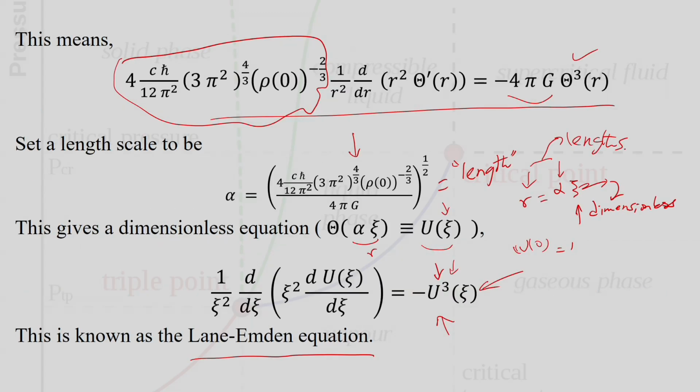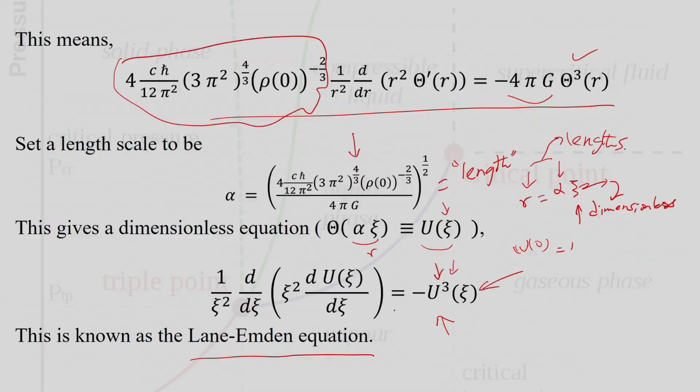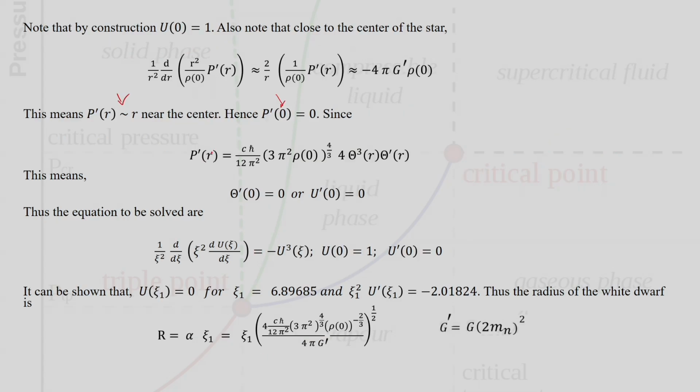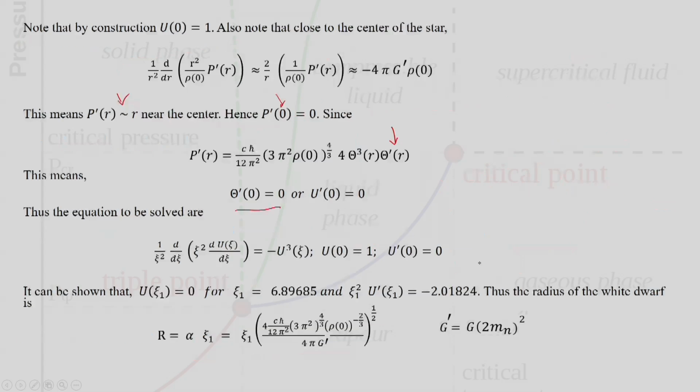Remember that p of r itself was theta to the 4, and p dash r is nothing but theta dash r times theta cubed and so on. So if p dash 0 is 0, and because theta of 0 is 1, we already know that, that means theta dash of 0 should be 0. Theta dash of 0 is the same as saying u dash of 0 is 0.